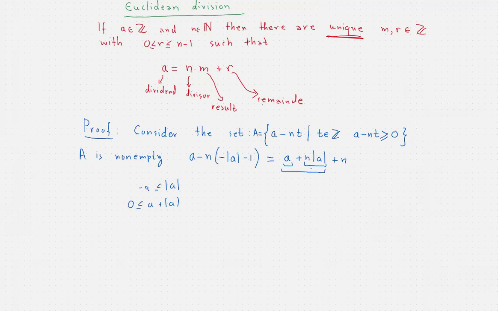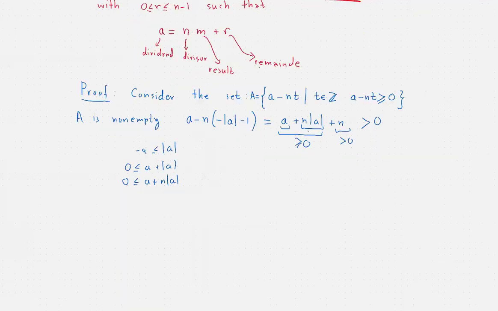So this is greater than or equal to 0, and of course this is greater than 0, so the whole thing is greater than 0. So our set has elements, and it certainly has positive numbers. Okay, so this set is non-empty. Again, we're making a big fuss about something simple, but we just want to give all details.